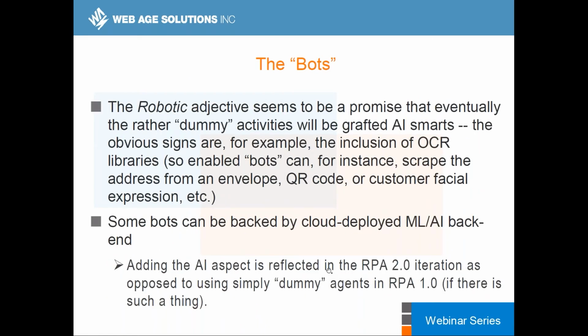In the case of UiPath, you can probably see the first signs of that robotic angle in having some OCR libraries, which would allow you to add computer vision and perform, I don't know, maybe reading your check number or maybe the address from an envelope to automate the processing of mail handling, QR codes.